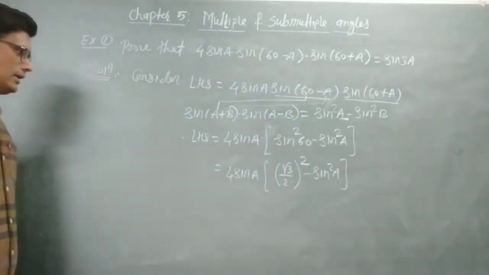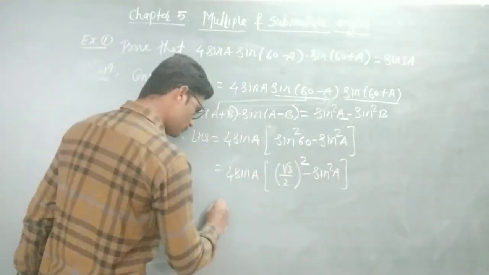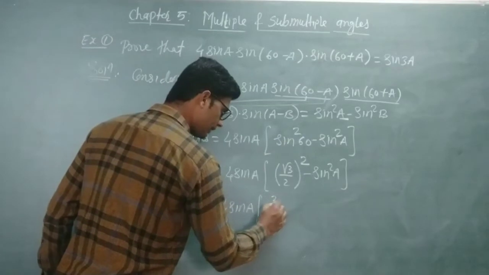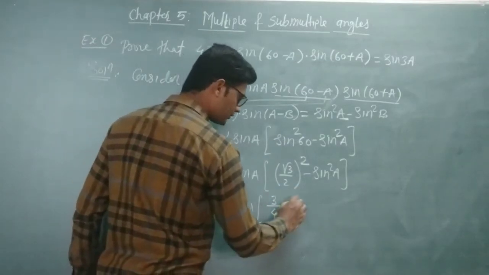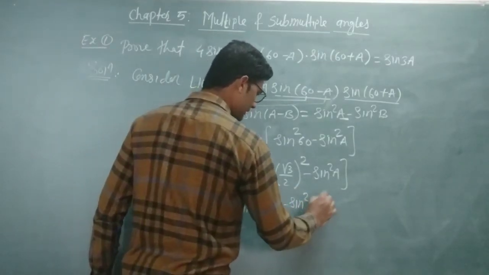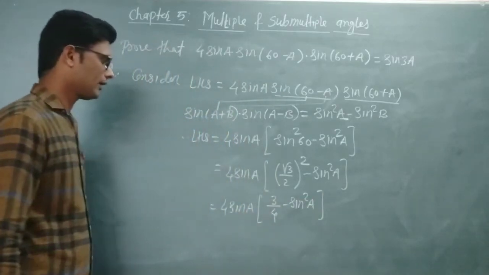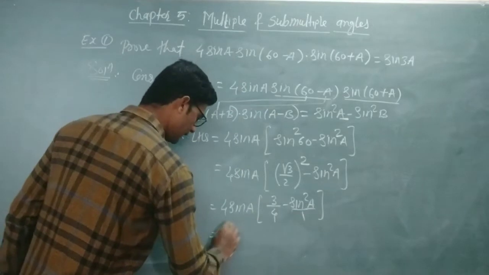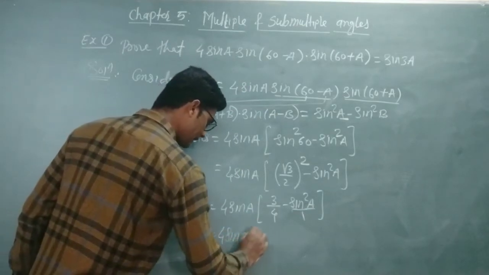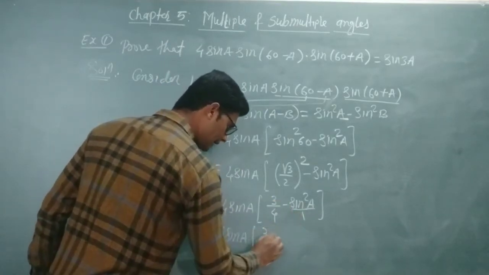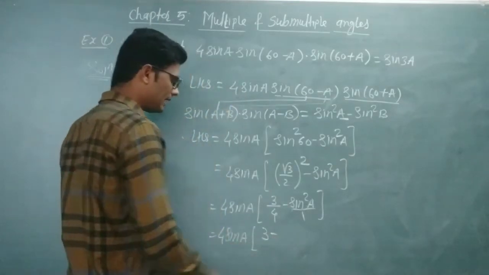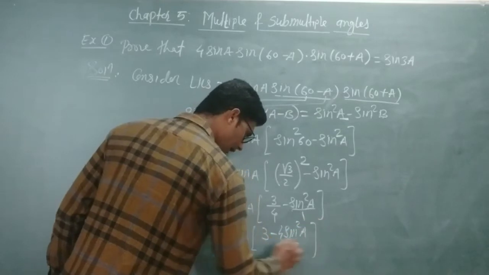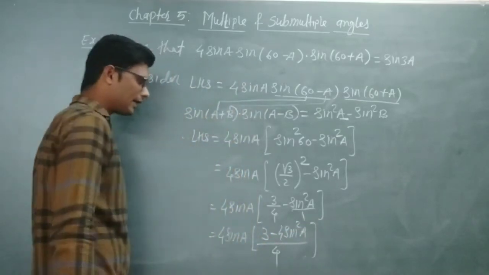Correct? Now square it. So what you will get here? 4 sin A, root 3 square is 3, divided by 2 square is 4, minus sin square A. Okay, so do the cross multiplication here. So you will get 4 sin A into 3 minus 4 sin square A, divided by 4.